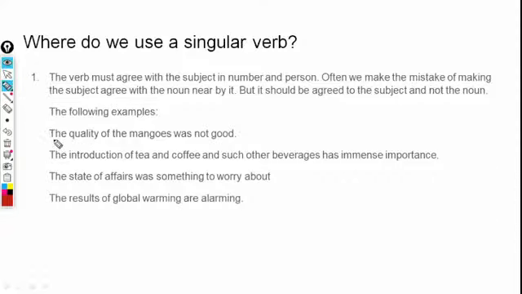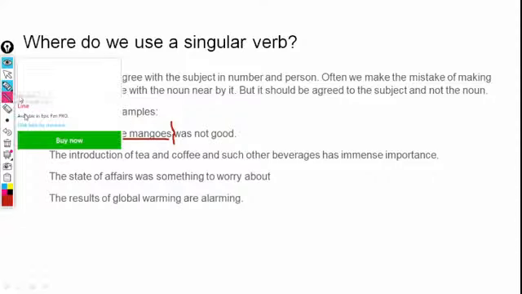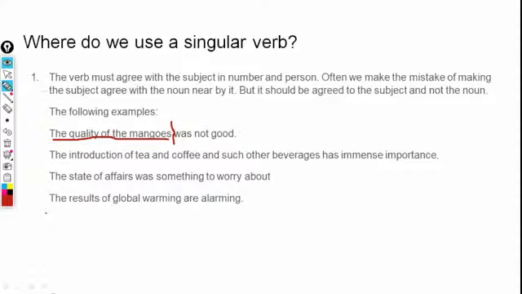Subject is the portion about which the sentence is. If you see a sentence, the topic about which the sentence is, is the subject.